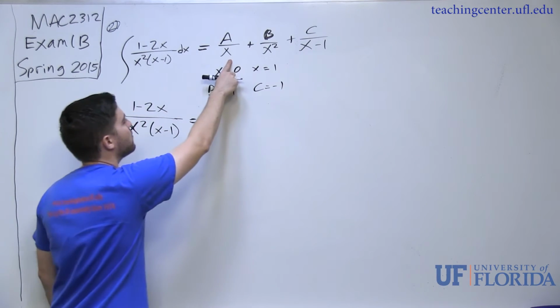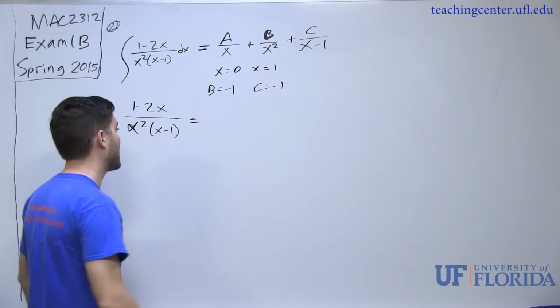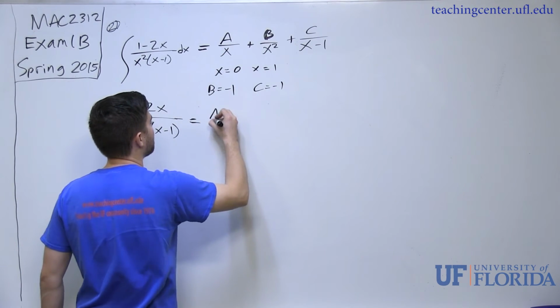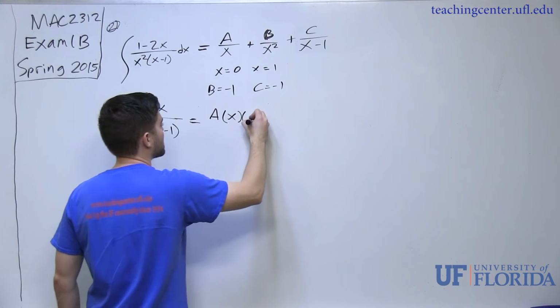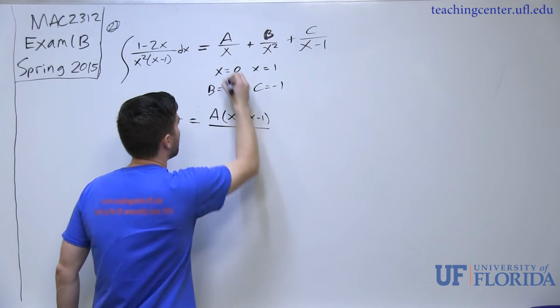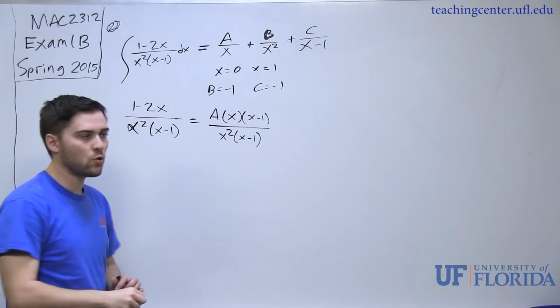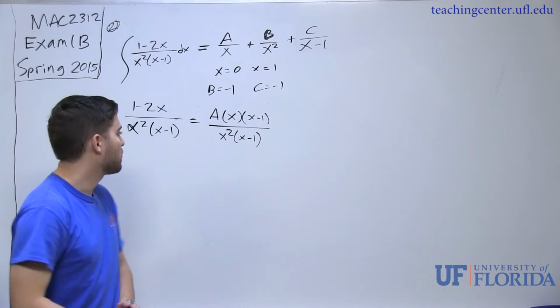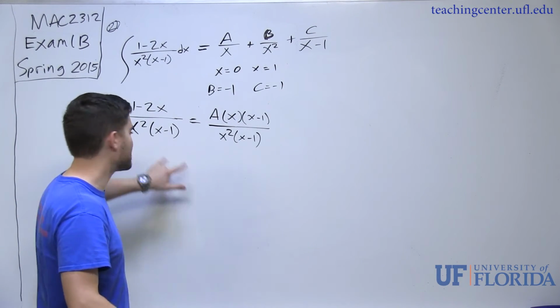Again, what I'm trying to do here is get all these terms to have the same denominator so that I can multiply it out. So I have a, and I need to multiply by an x and an x minus 1 to be able to get x squared times (x minus 1) on the bottom. Because remember, I can only ever multiply something by 1. So if I multiply by a term on top, I have to do the same thing on the bottom. But now this has the same denominator.